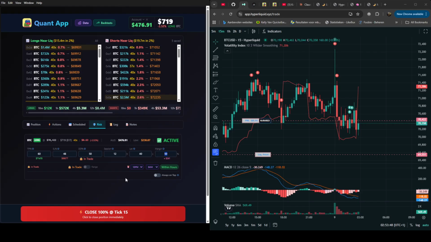Because you see, with a scalp, if you have 10 0.2 percentage profits, you have 20% profit. You could take it in one, because scalping, guys, it includes fees, unless you are fast enough.